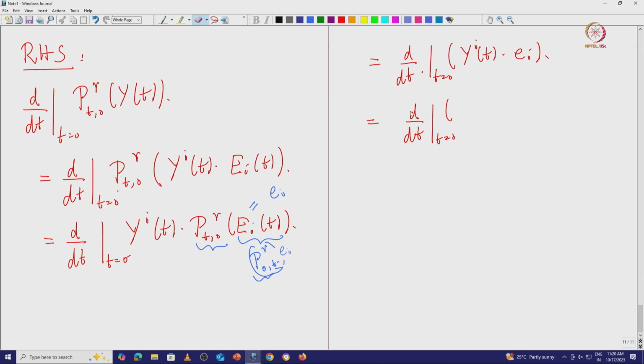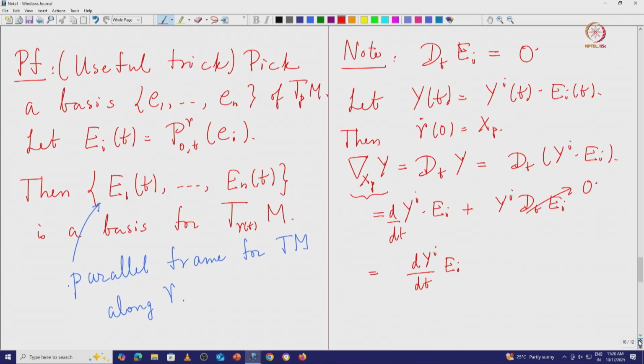So this is simply the derivative of y_i at t equals 0 times e_i, but that was precisely, if you go back to our previous slide, if you plug in gamma of 0, this is precisely d by dt at t equals 0 of y_i times e_i at 0, and e_i at 0 is little e_i.